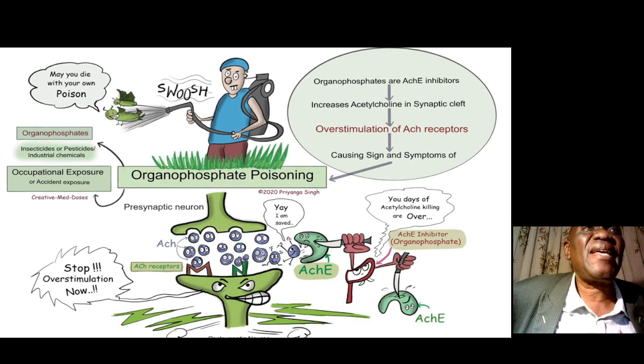Then we have a lot of acetylcholine in that space. Then there is overstimulation. After overstimulation, there is expression of some symptoms of organophosphate poisoning.